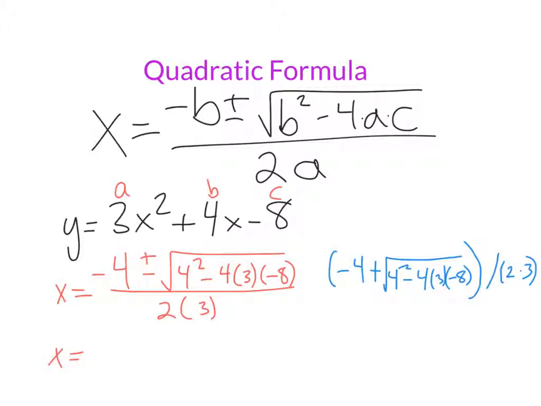If you just did how it looks in the denominator over here, it would divide by 2, then multiply everything by 3, and you're going to get a weird answer. So definitely try plugging this in.